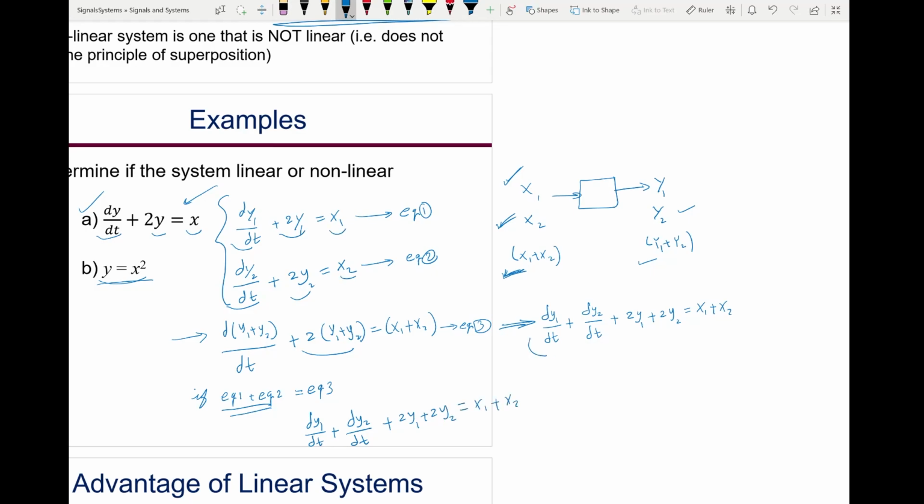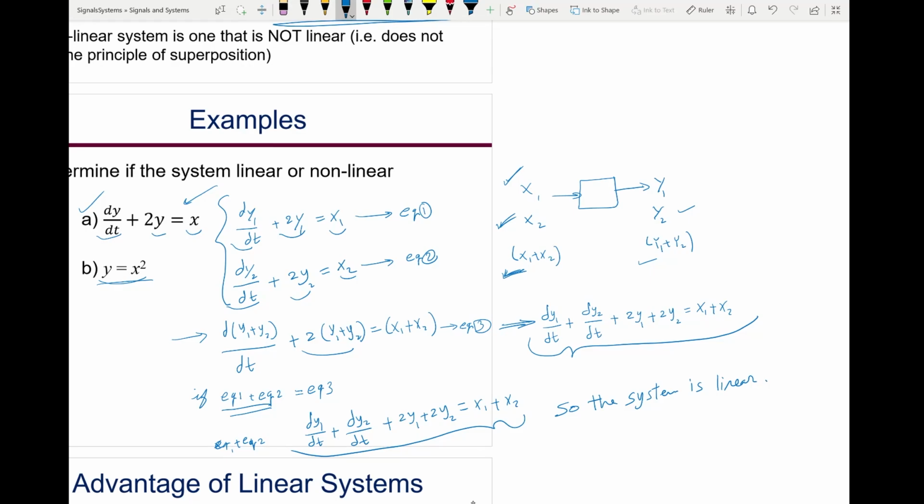When I compare equation 3 with equation 1 plus equation 2, they are the same. So the system is linear. And that's how we test linearity for a system.